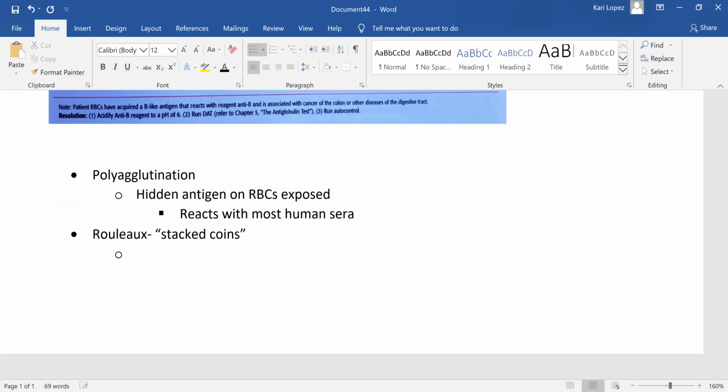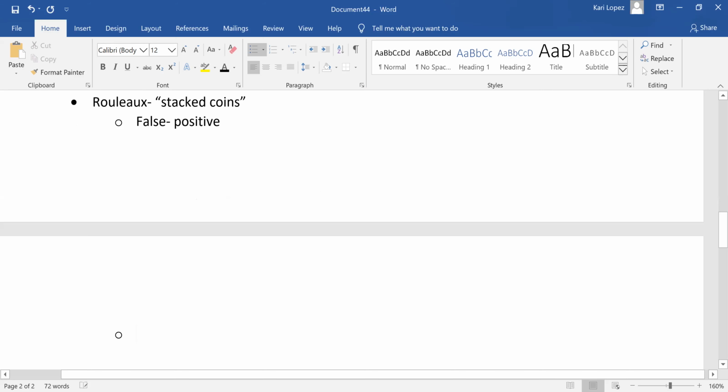And what this will do is cause a false, is it false negative or false positive? False positive. It is. It's going to be a false positive because if you think about it, rouleau looks like agglutination and acts like agglutination. So it's going to cause a false positive agglutination when it's really not supposed to be there, or what seems like agglutination.